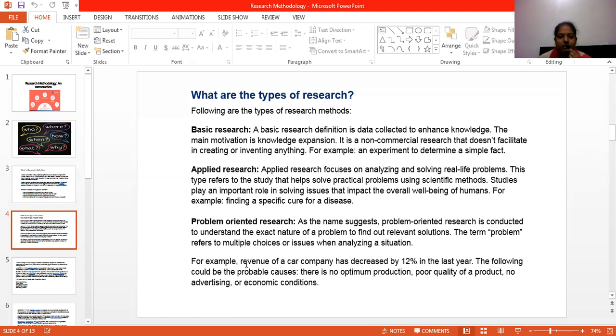For example, revenue of a car company has decreased by 12% in the last year. The following could be the probable causes: there is no optimum production, poor quality of a product, or no advertising or economic conditions.